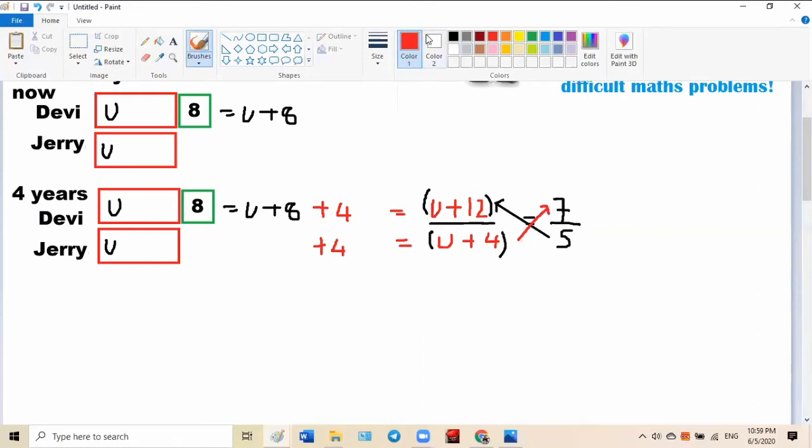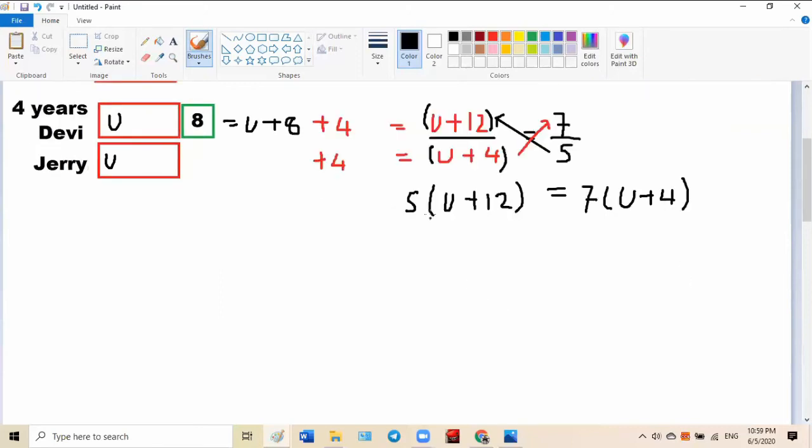What do I mean by that? After you've done the crisscross, you have 5 sets of unit plus 12 equal to 7 sets of unit plus 4.